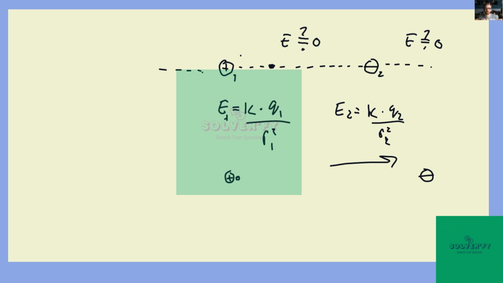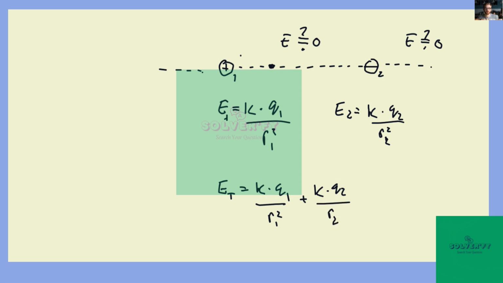Now remember that the electric field you experience will be the sum of all electric fields you are experiencing due to all point charges nearby. So that means the total electric field, anywhere in that line, is K times Q1 over R1 squared plus K times Q2 over R2 squared.